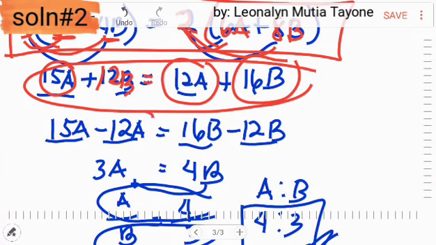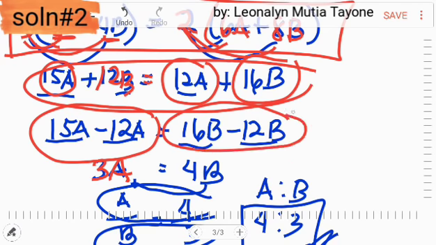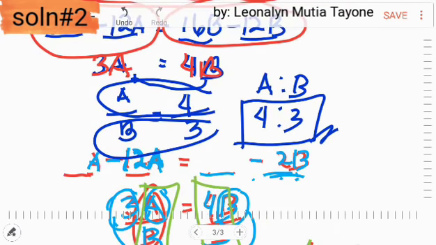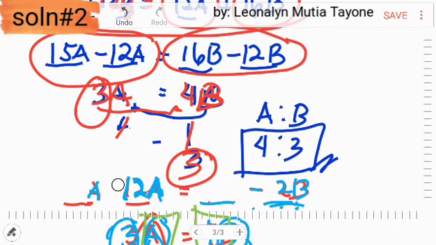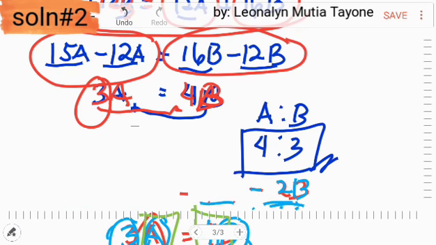So we combine the like terms. 15A minus 12A equals 3A. 16B minus 12B equals 4B. Then, A over B, because this B here, we transfer it, so it becomes the denominator. Next, 4 over 3, because this 3 here becomes the denominator on the other side. This is what it looks like.